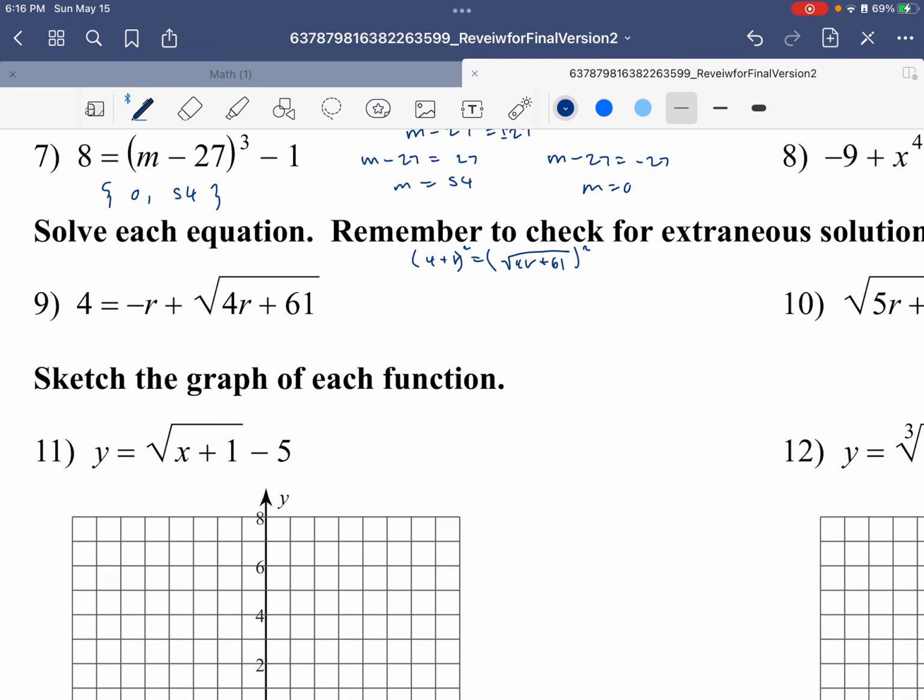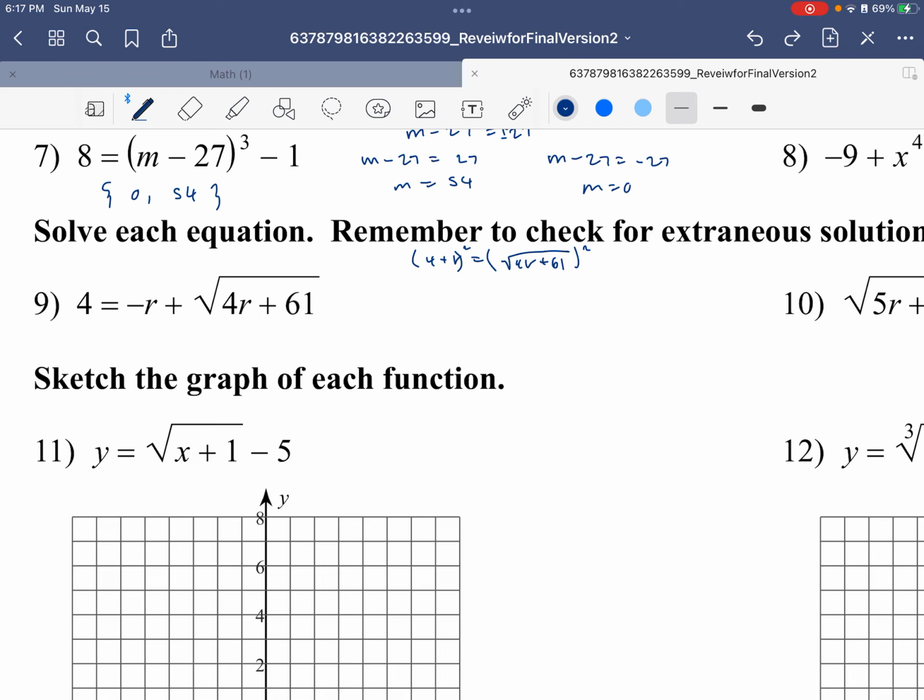And there's a formula: a squared plus 2ab plus b squared if it's plus, and if the inside is negative, then I believe it's a squared minus 2ab plus b squared. So this is our a, this is our b.